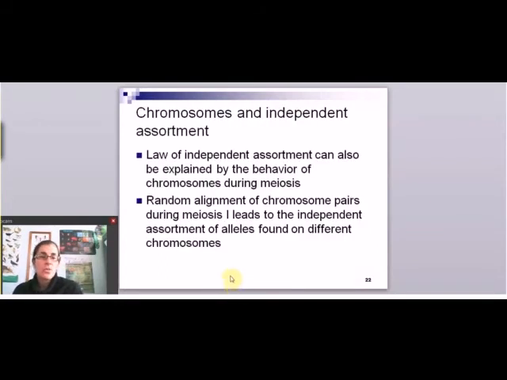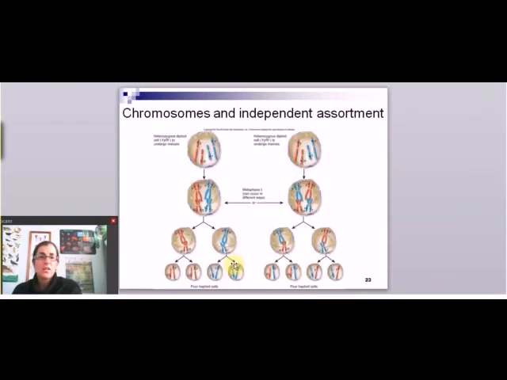So the behavior of chromosomes also explains the law of independent assortment, and this has to do with what happens on the metaphase plate. So if we look here, now we're following the Y and R genes for the seed color and seed shape alleles, and we're looking at a plant that is a heterozygote. And so this is the OR.